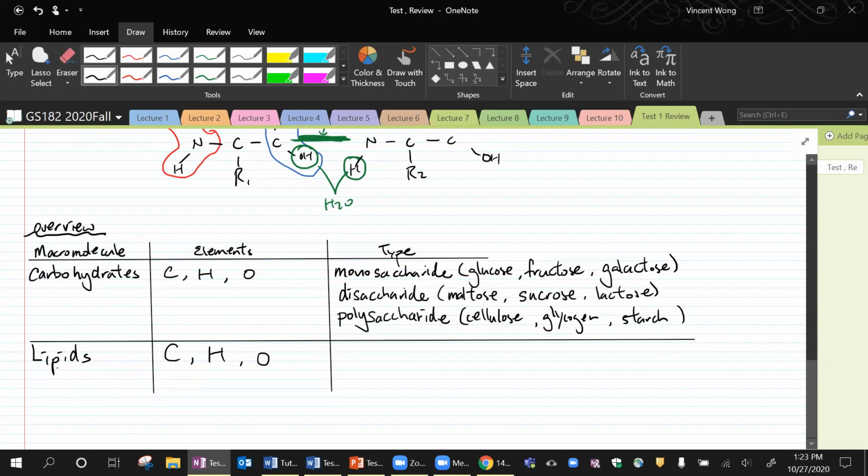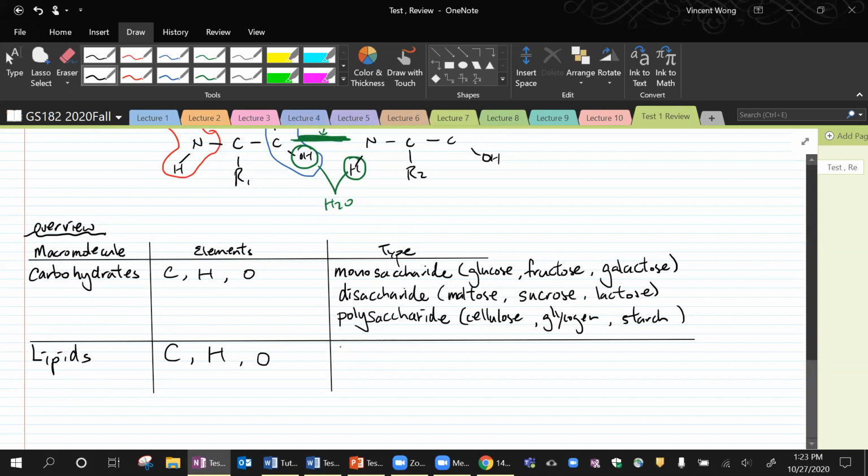Proteins, you put amino acids together. Nucleic acid, you put nucleotides together. But for lipids, we are putting components together. So they're not really like a train of repeating units. They are just several parts that are coming together.